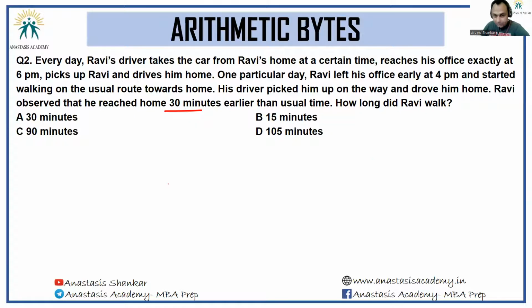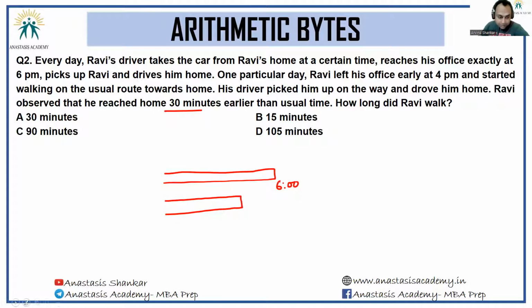Okay. Now see, on a usual day, the driver reaches here at 6 and then takes him home. But on this day, the driver managed to catch him somewhere in between and then go home. So in terms of time, how much time is saved for Ravi? Can you see?